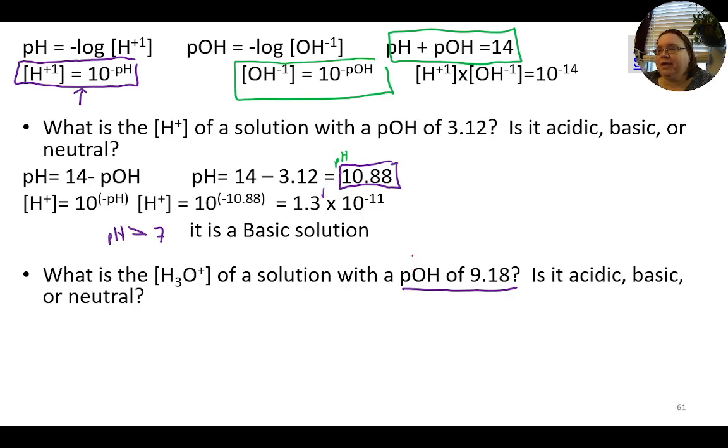I have the P. That means I can use 10 to the negative to get my concentration. So to determine my concentration, I'm going to take 10 to the negative 9.18.